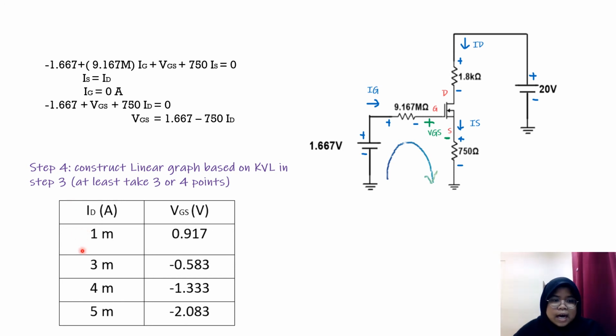So I take if ID equal to 1 milliampere, the VGS will become 0.917 volt. If ID equal to 3 milliampere, the VGS equal to negative 0.583 volt. If ID equal to 4 milliampere, the VGS equal to negative 1.333 volt. If ID equal to 5 milliampere, the VGS equal to negative 2.083 volt.